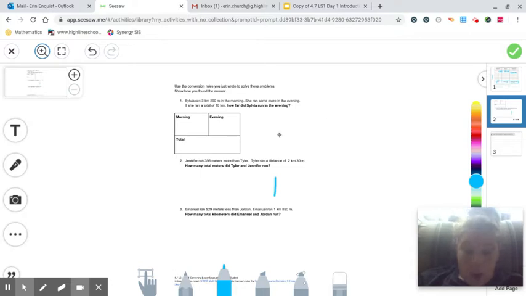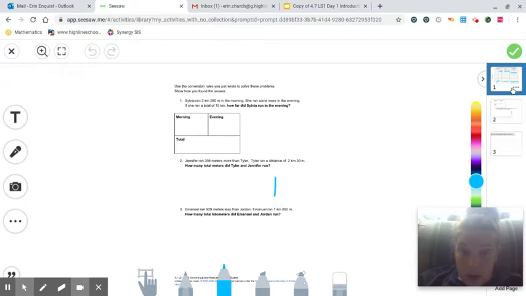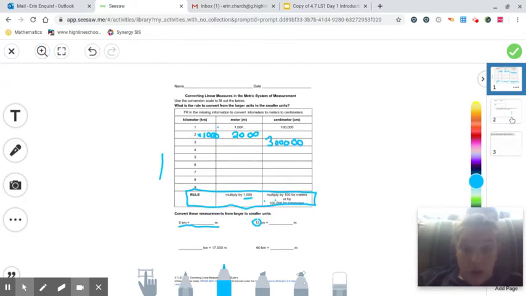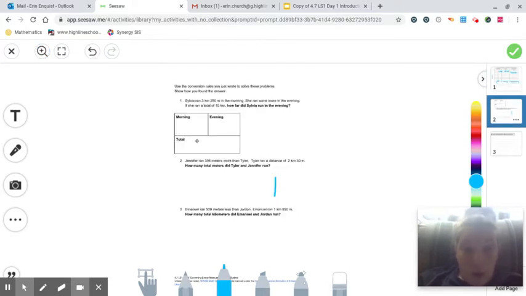So for some of your conversions, you're going to need to go back to page 1 to remind yourself and then fill out some of the information here. Now, this might get a little tricky because you're going to look and you're going to say, well, hold on, meters and kilometers? Think of the converting and the adding.